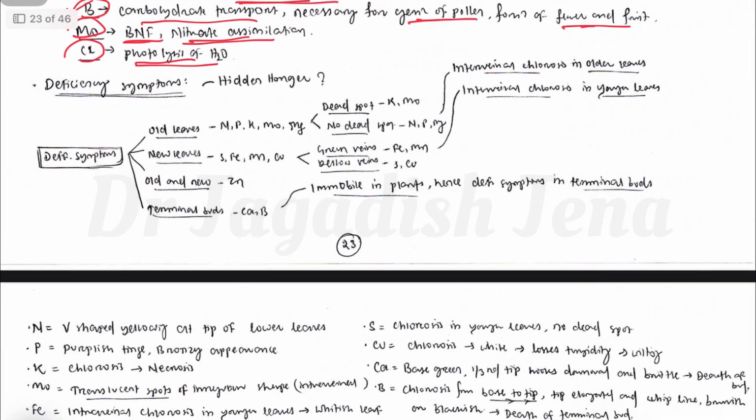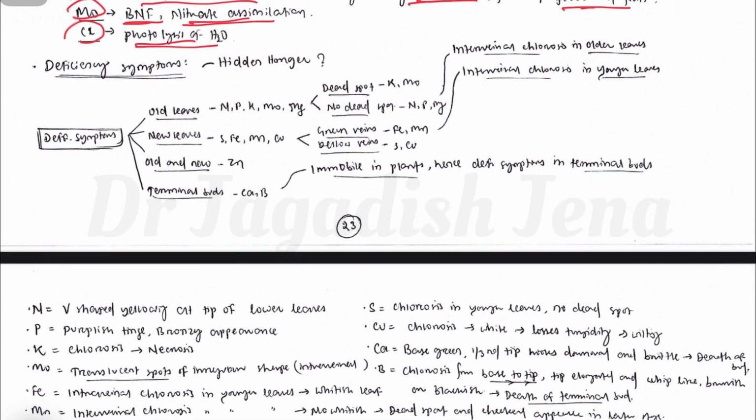Now, what are the deficiency symptoms if any nutrient is deficient in soil or the plant cannot take up that nutrient properly? Okay, so there are different phases of plant nutrient deficiency. Suppose this is the nutrient concentration, and this is the growth.